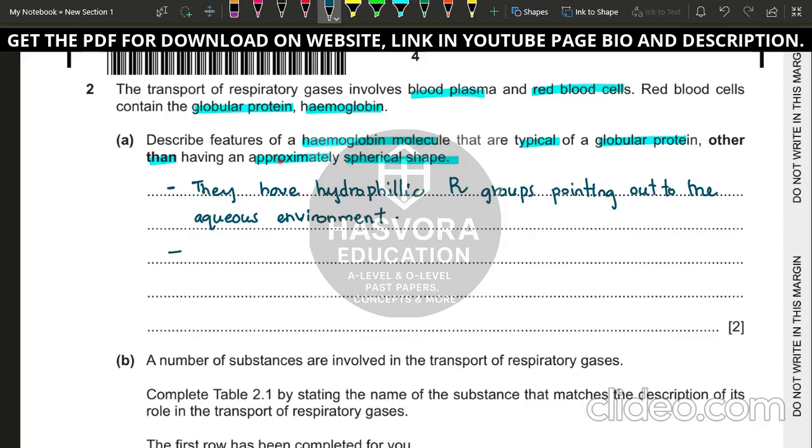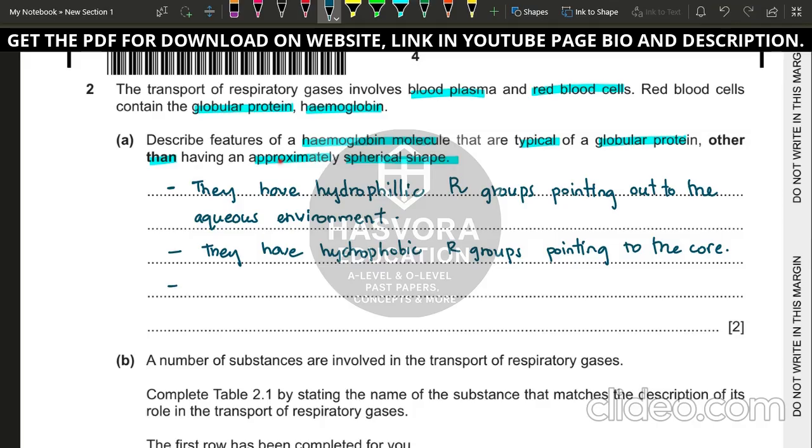While you can also write it as they have hydrophobic R groups pointing to the core. Okay, so both of them, the first and the second statement, are actually the cross arguments of each other.